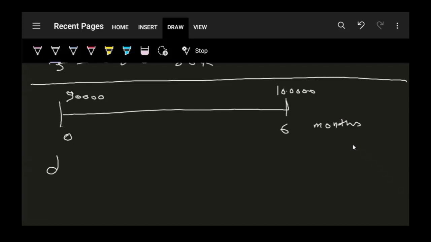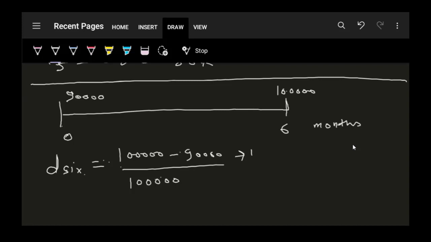I will call this rate D6. Similarly, like we did earlier, I'll calculate the discount or the interest amount upon the final amount, that is 1 lakh rupees, since discount is calculated on the amount at the end of the time period.